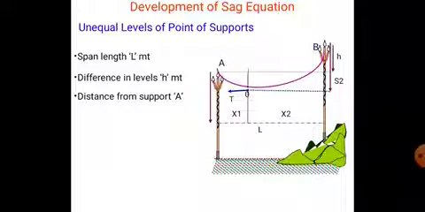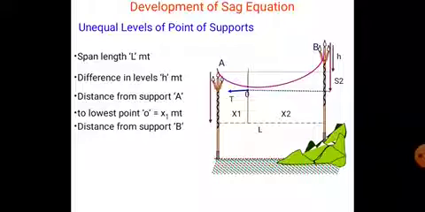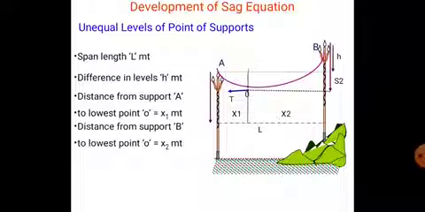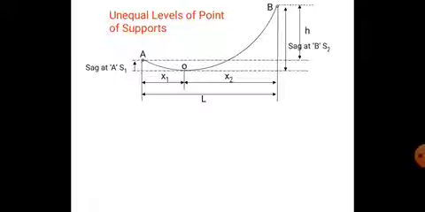The difference in levels is H meters. The distance from support A to the lowest point is x1 meters, and the distance from B is x2 meters. The tension T is acting as the horizontal component, in kgs.